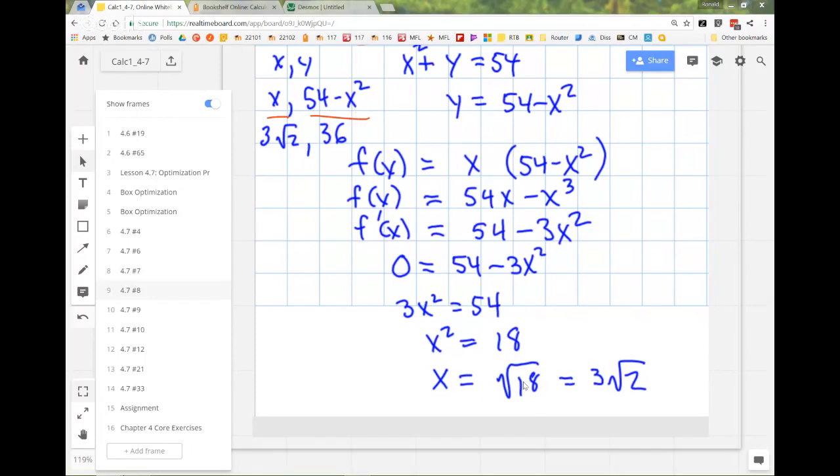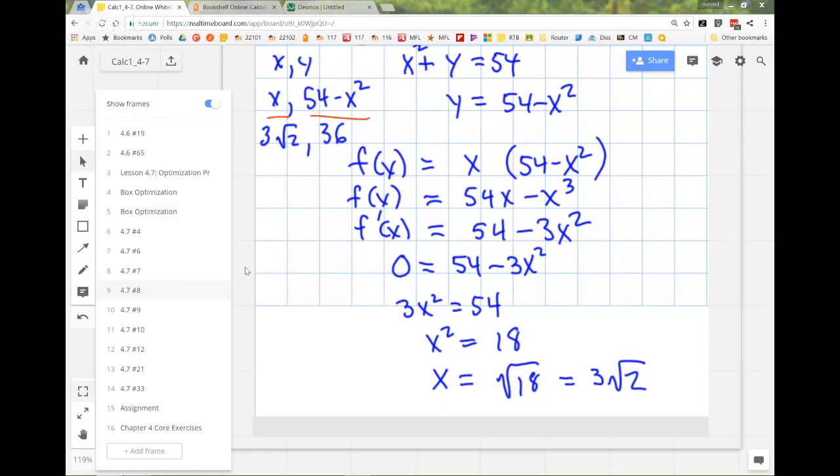You get that 18 that we had down here, and 54 minus 18 is 36. So the two numbers are 3 times the square root of 2 and 36. So you don't always get nice integer numbers, but those are exactly the two numbers that we needed for this problem.